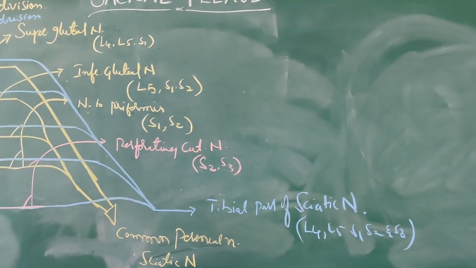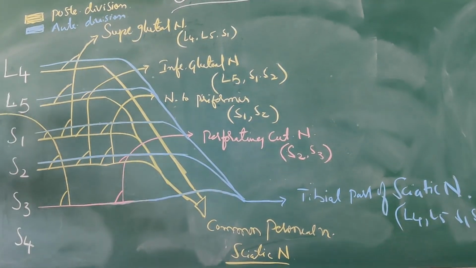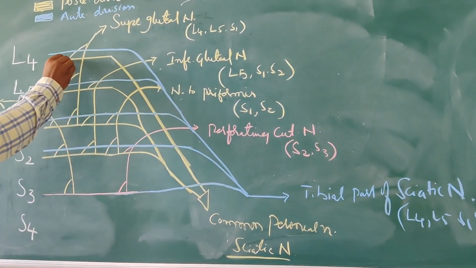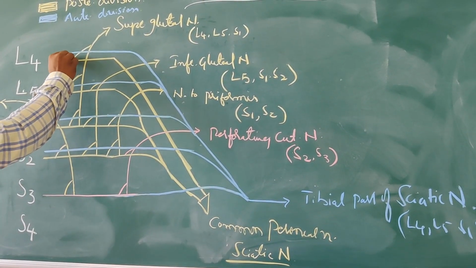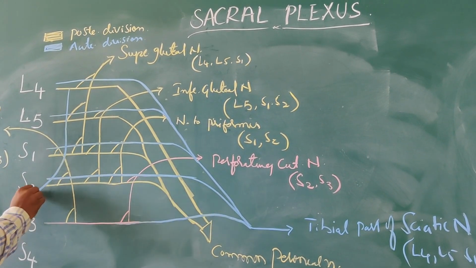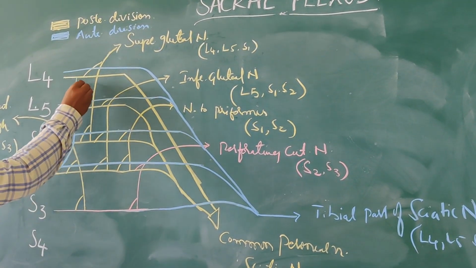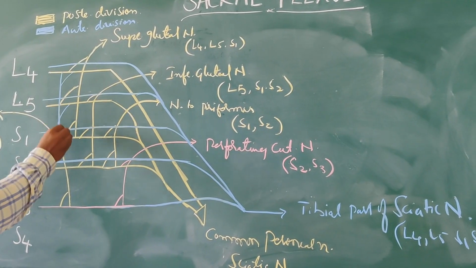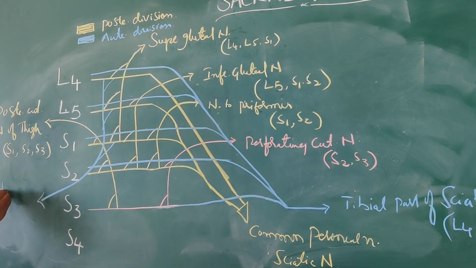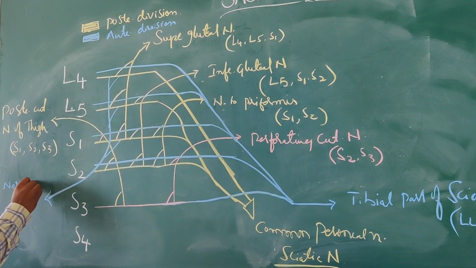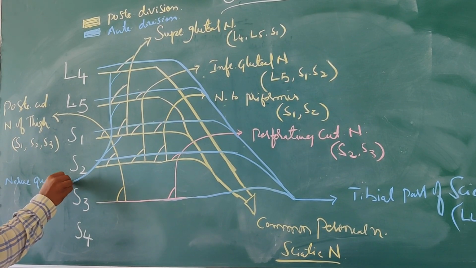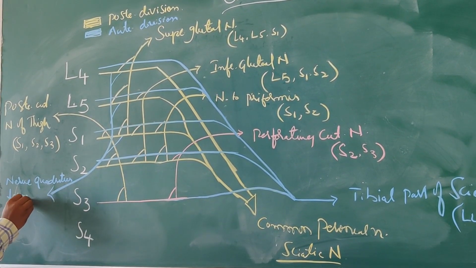From the anterior divisions of L4, L5 and S1 we get the nerve to quadratus femoris.